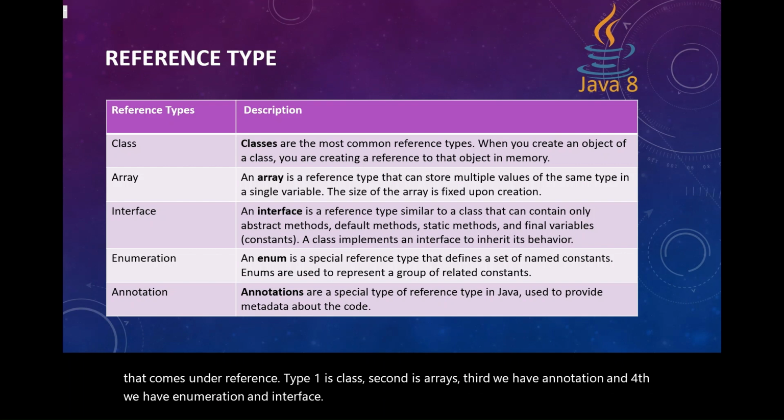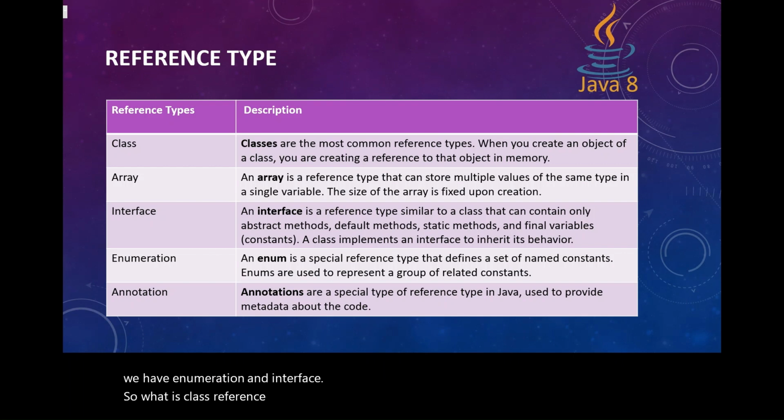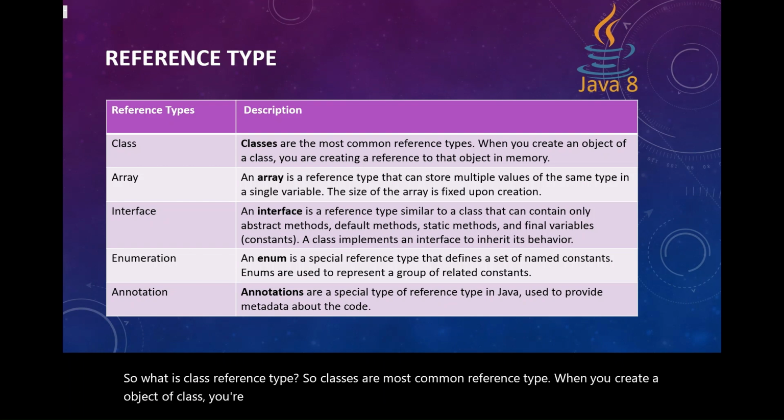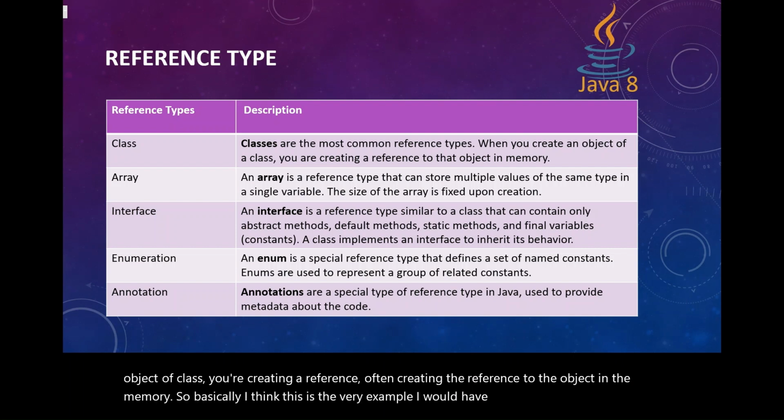So what is the class reference type? Classes are the most common reference type. When you create an object of a class, you are creating a reference to the object in memory. I think this is the very example I would use to define a reference type.